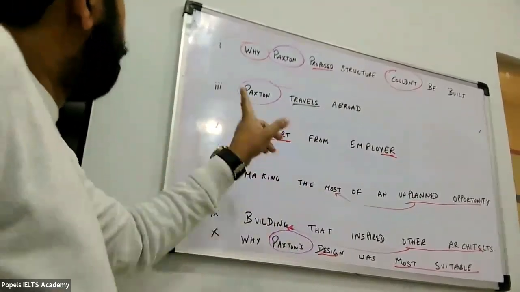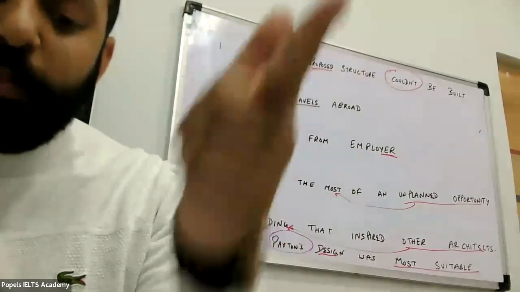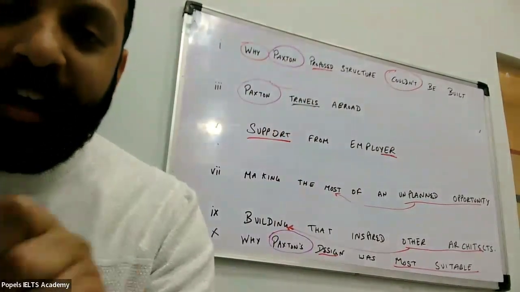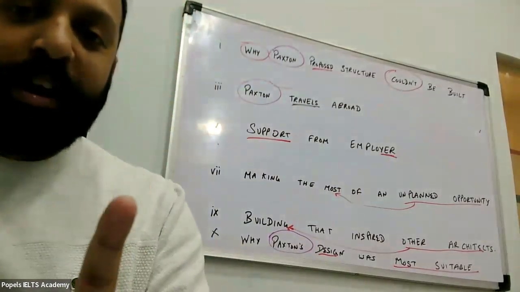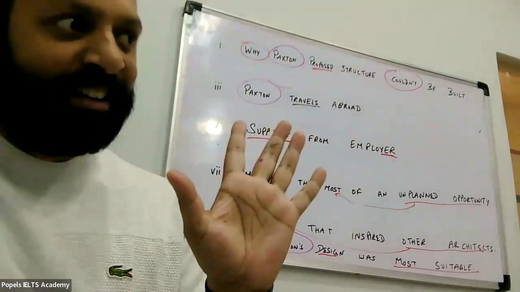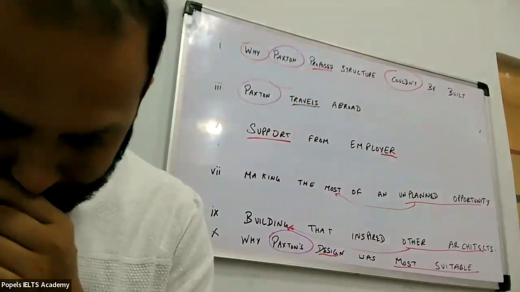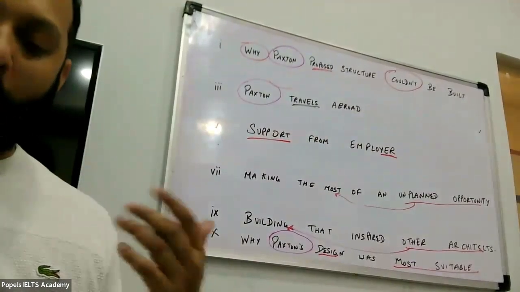Now my option is Paxton travels abroad. But till this moment, Paxton is born in London only. In the first line, so as of now, he is not abroad, because he was born in London only. Right? Now, attend a business meeting and mention an idea he had for the hall.